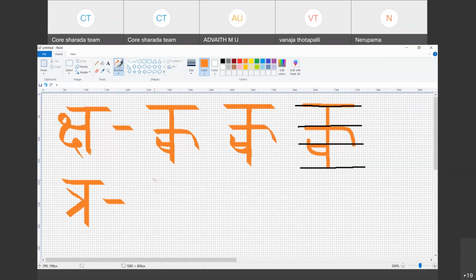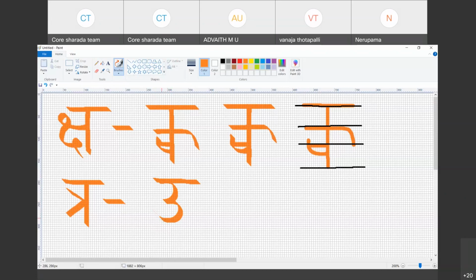So here for T, we will draw the Shirorekha first. Then we will draw the letter T. We all know how we did that in our last class. We'll keep these both loops of the same size.